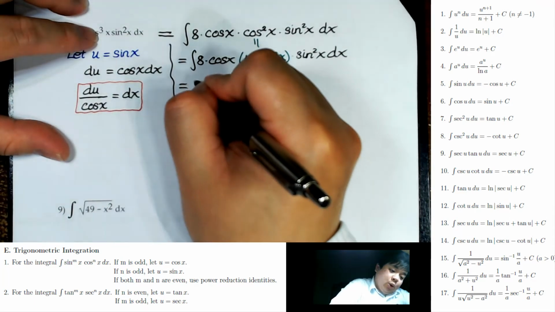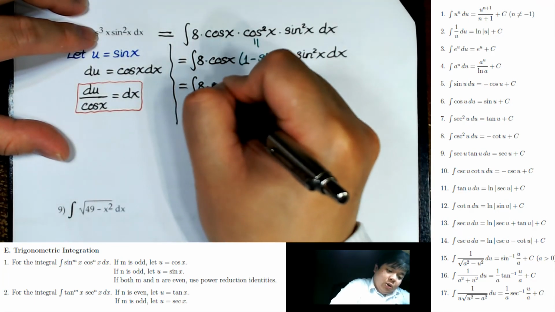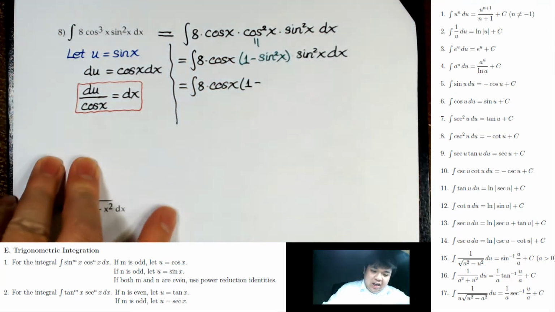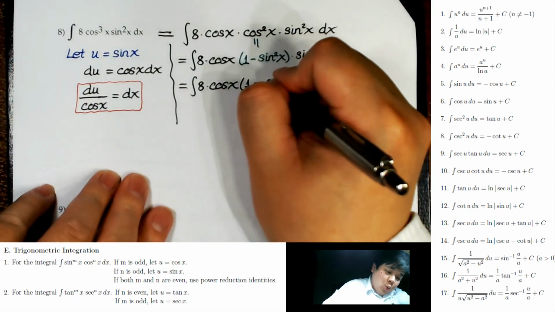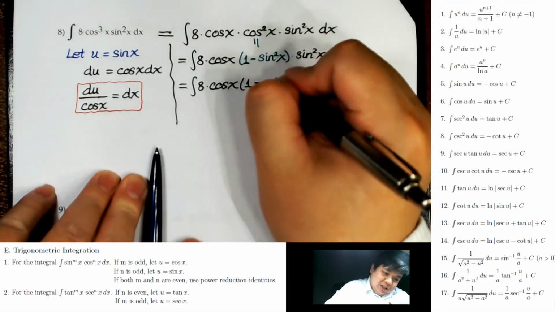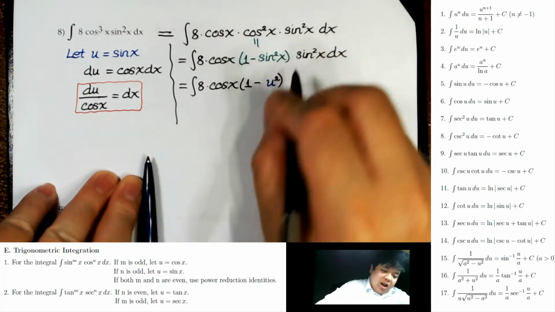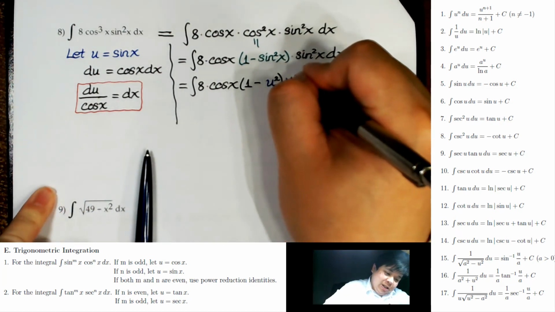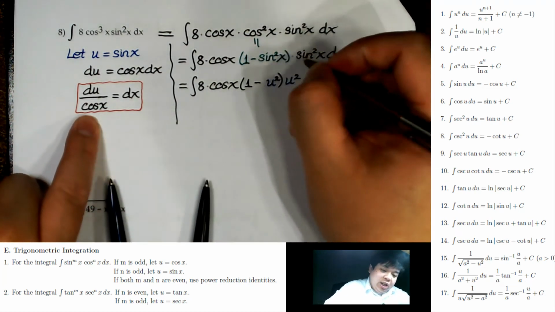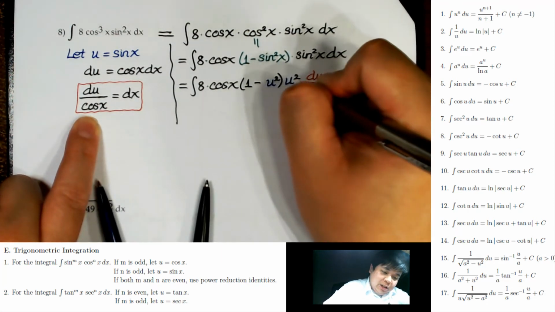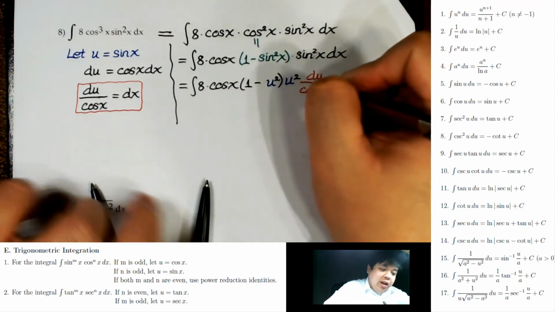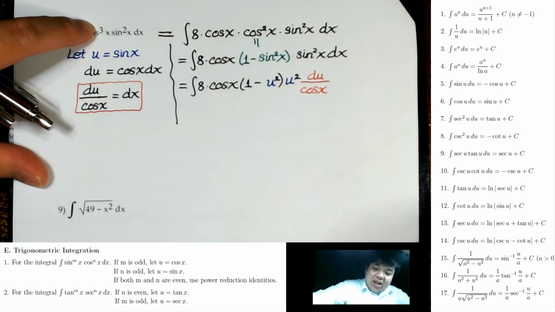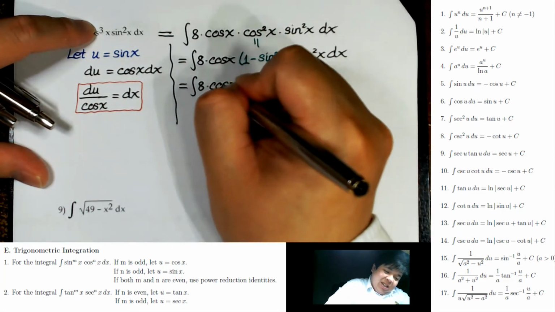Now we can use the substitution. We have 8 cosine of x still there. 1 minus sine squared is going to be 1 minus u squared. The sine squared here is also u squared. dx is going to be du over cosine x. And that's why, when we have the odd power, we need to have one left, so that we cancel it out.